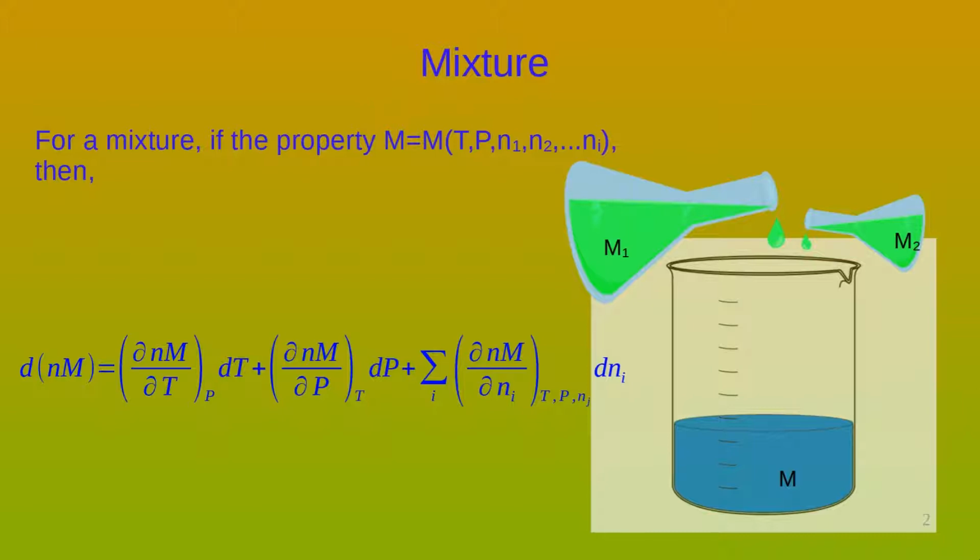Well, if we mix M1 and M2 and get M, and there is no heat of mixing or heat of solution. What is heat of mixing, heat of solution? Well, when you mix two fluids, sometimes heat is generated. Sometimes heat is taken. So whenever heat is generated, the solutions get heated up. And whenever the solutions are mixed and heat is taken away from the solution, normally the solution cools.